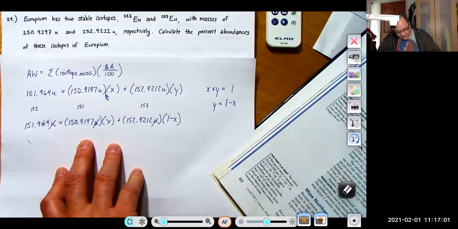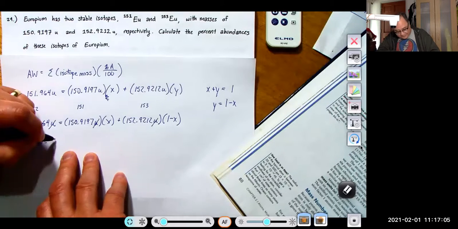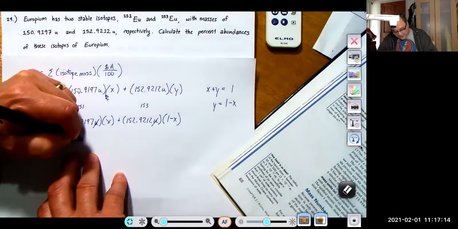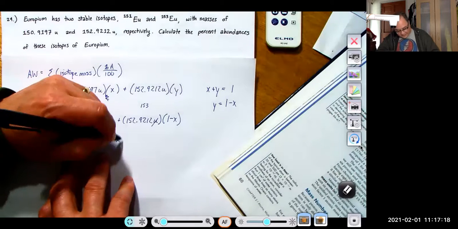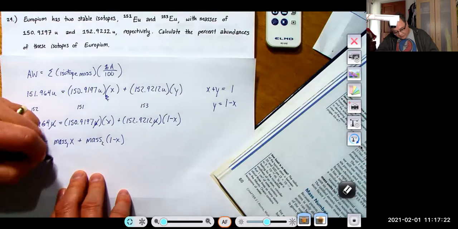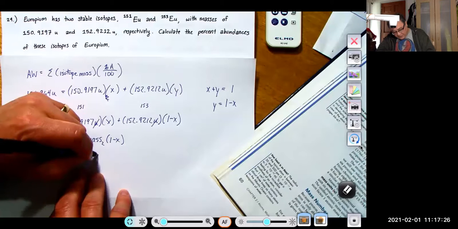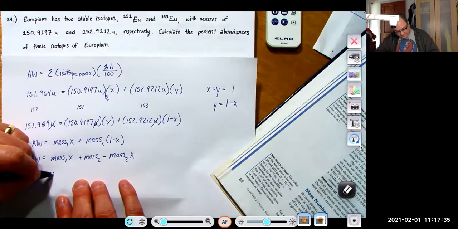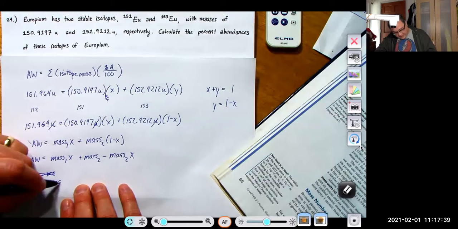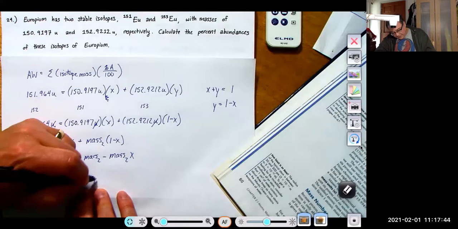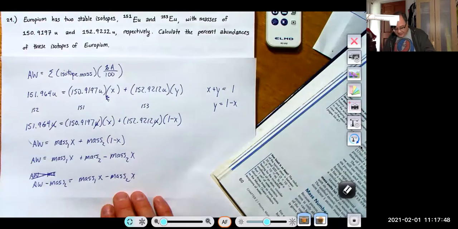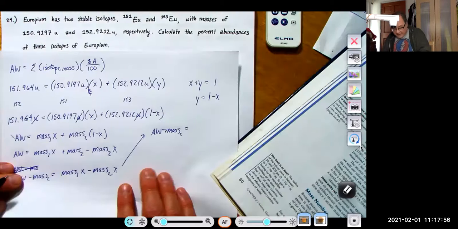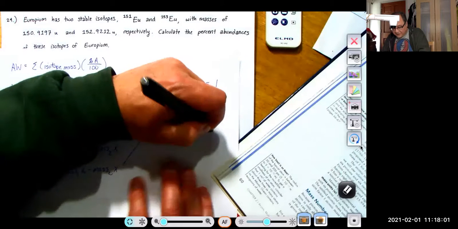And I might actually write this out as the atomic weight is equal to the mass of isotope 1 times X plus the mass of isotope 2 times 1 minus X. So the atomic weight is the mass of 1 times X plus the mass of 2 minus the mass of 2 times X. Then the atomic weight minus the mass of 2 is equal to the mass of 1 times X minus the mass of 2 times X. And that becomes atomic weight minus the mass of 2 is equal to X times the mass of 1 minus the mass of 2.